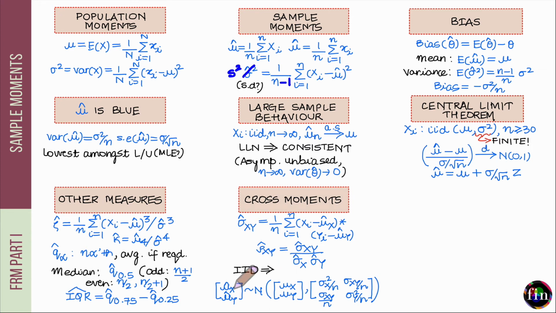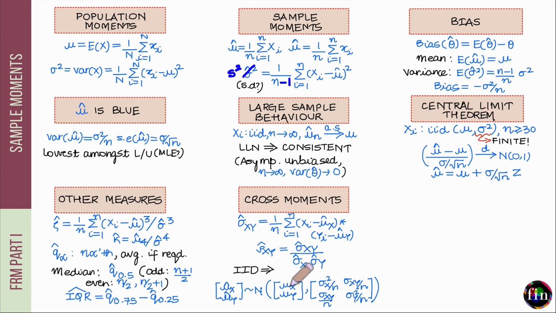All it says is that if proper conditions are met, the distribution of this 2 cross 1 vector of sample means converges to the bivariate normal distribution with this vector as the mean and this 2 cross 2 matrix as the variance covariance matrix.